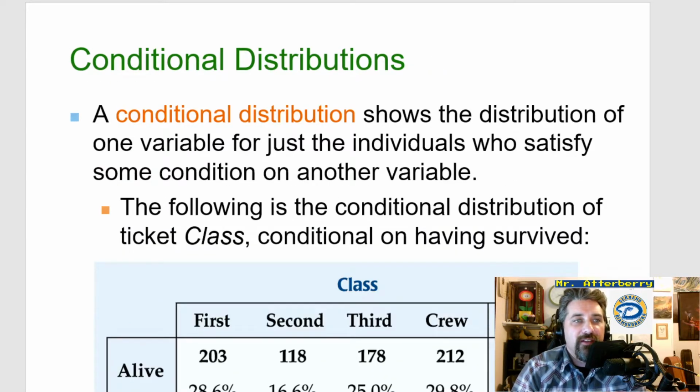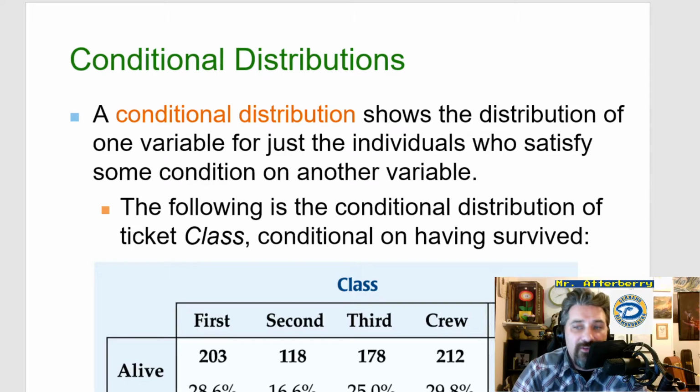All right, moving on to conditional distribution. A conditional distribution shows the distribution of one variable for just the individuals who satisfy some condition on another variable. The following is the conditional distribution of ticket class, conditional on having survived. So we're not looking at the entire table, just the different classes, but the condition is you have survived.